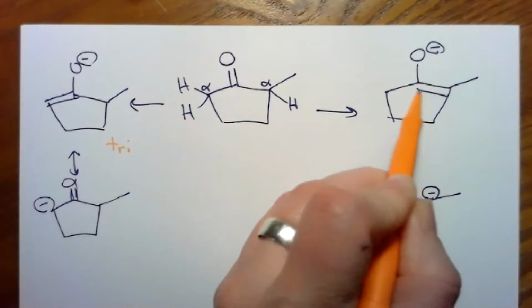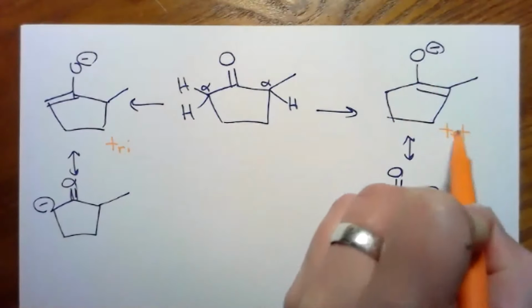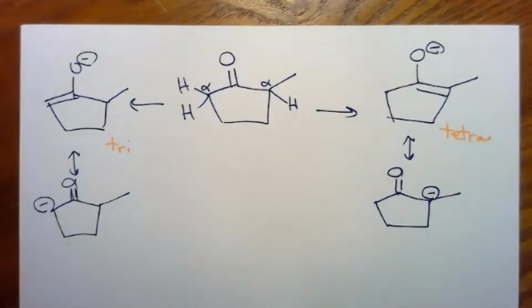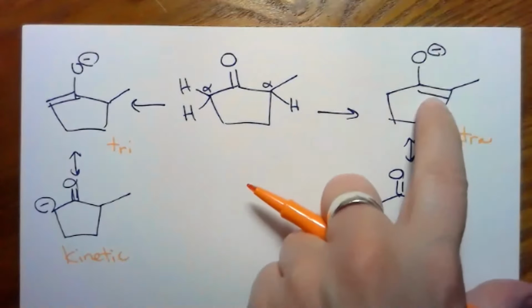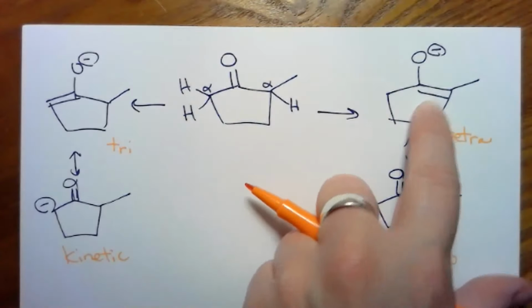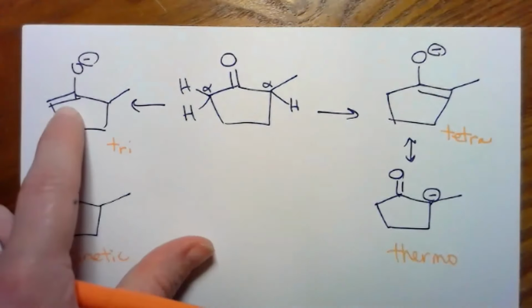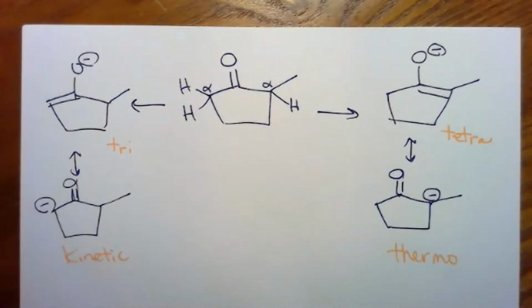This oxyanion is a tetra-substituted alkene. Which alkene is more stable? Tetra. So which enolate is the thermo? This one. This is the thermodynamic enolate. This is the kinetic enolate. Thermodynamic enolate is the more stable alkene. Kinetic enolate is the less stable alkene.